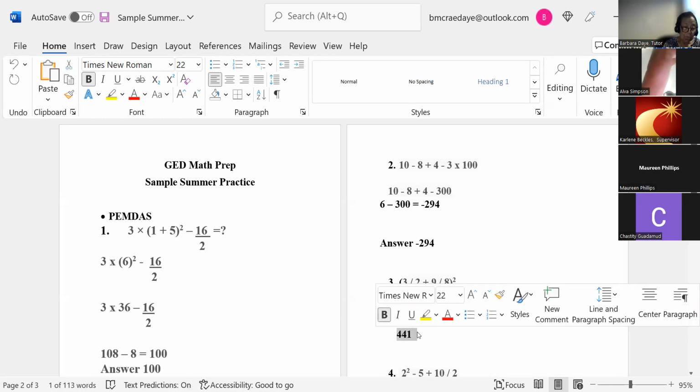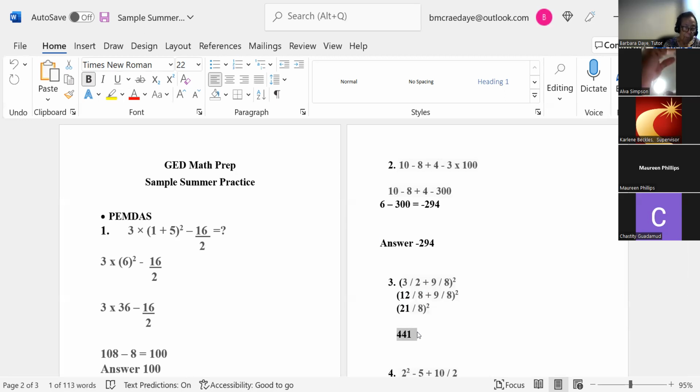So let's just put, and this would be over 64. And then you just divide it out.